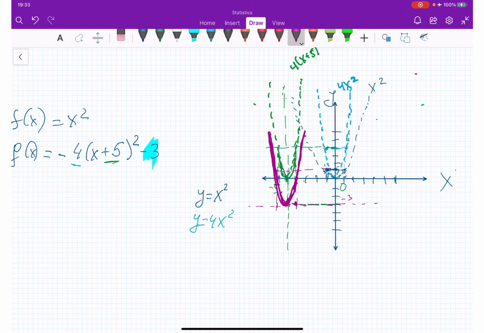So this is my 4 times (x plus 5) squared minus 3.